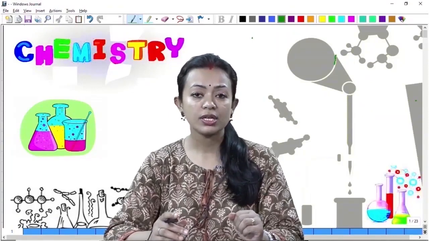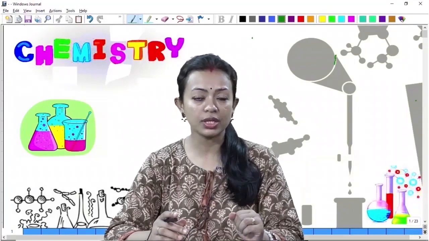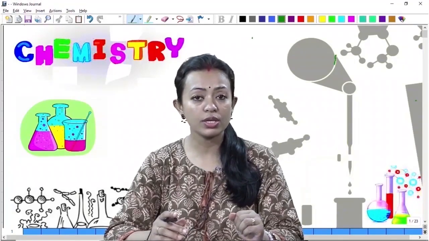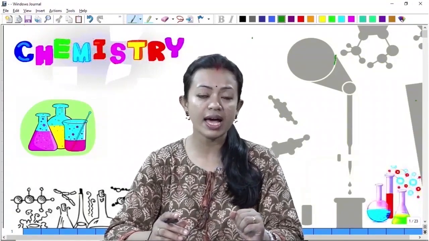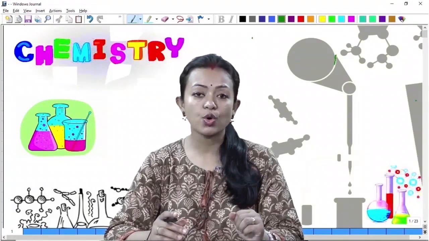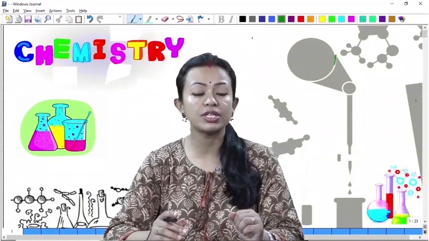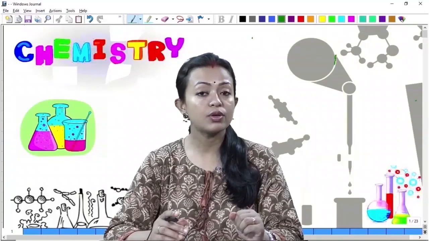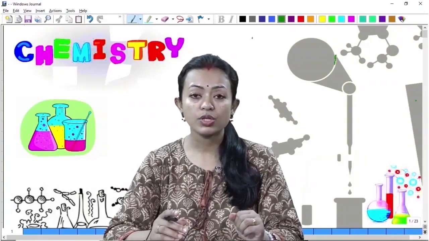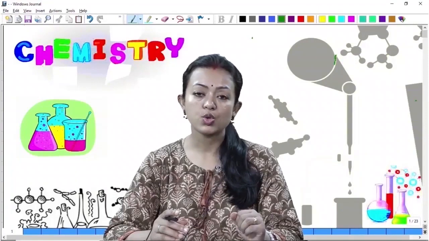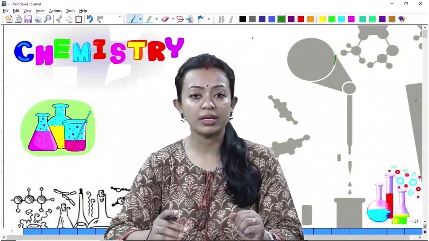You cannot separate salt and sugar dissolved in water, because the property of both salt and sugar is to dissolve in water and form a homogeneous mixture. Even if you evaporate, the water will be evaporated off, but salt and sugar will remain in the beaker.